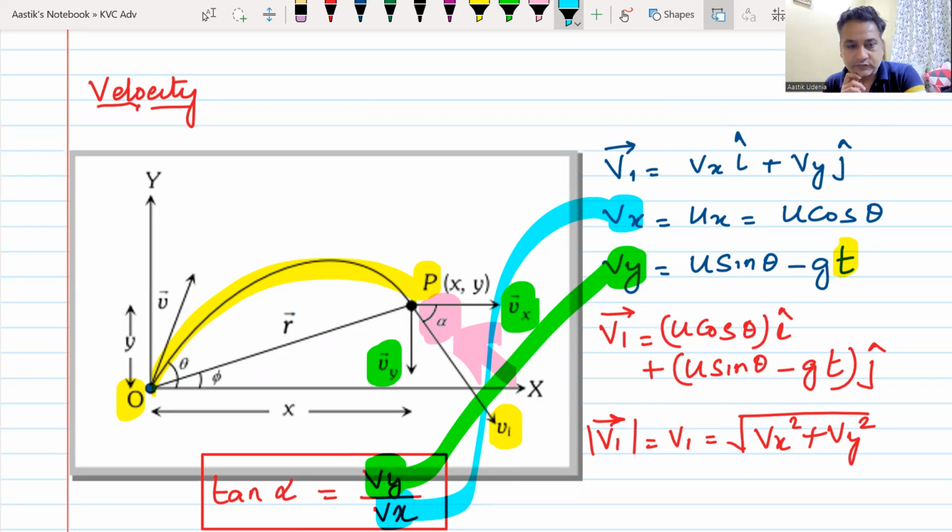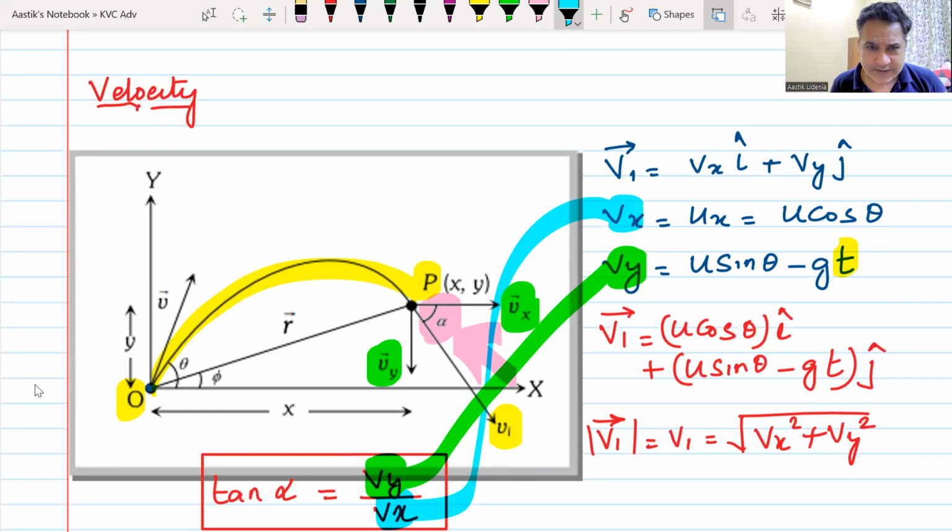I'll give you a minute to note it down. You can use the same diagram, just write the value of velocities.